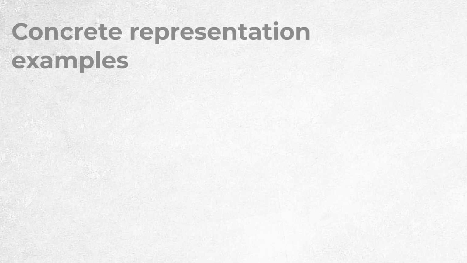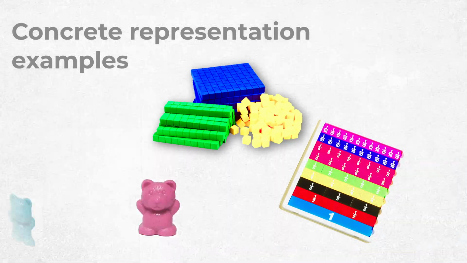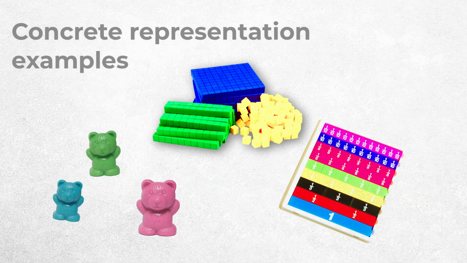According to the practice guide, concrete representations are three-dimensional, physical materials or actions that students can organize, act upon, or manipulate to better comprehend mathematical content. Examples include base 10 blocks, fraction tiles, counters like beans or bears, and role-playing.